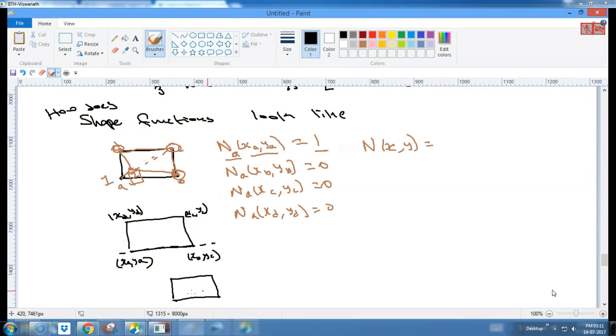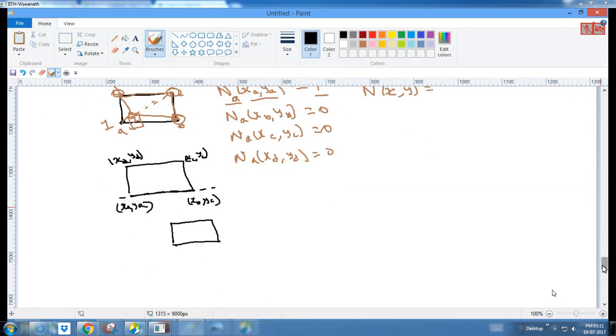So that means this y is the same as this y. So this line, let's say, is y equals ya, and this one, if it is horizontal, is y equals yd.